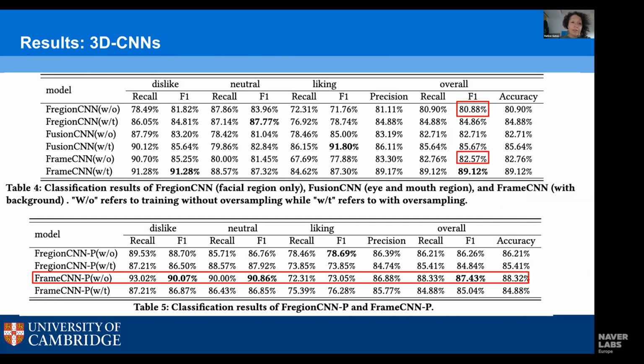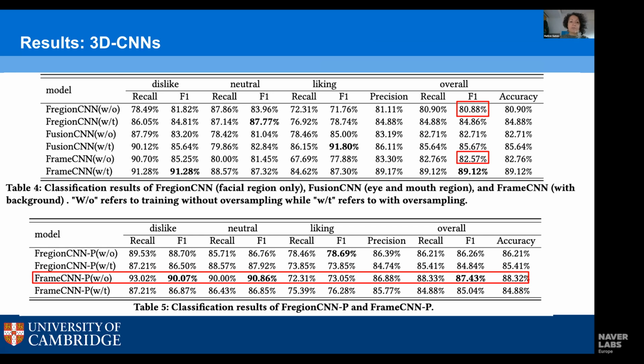And in terms of 3D CNN, and that's in the second table, actually trying to include personality information, what we call personality aware network, really helps with improving the classification results. So fusing personality information with facial features improves both models' performance. So here we have results such as F1 score being 90% or 90.86%.